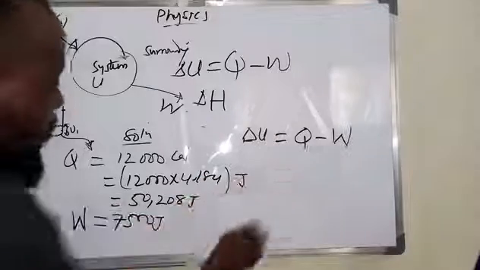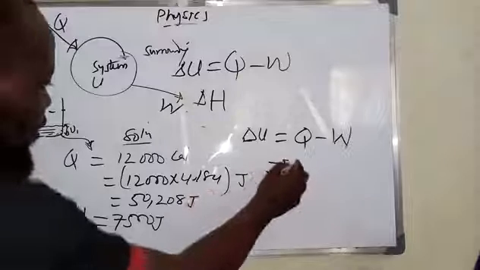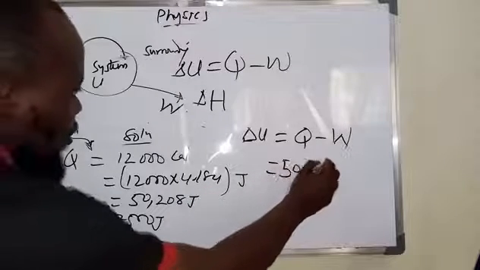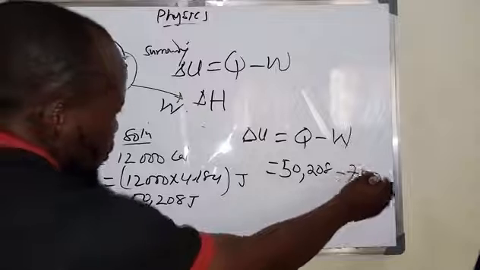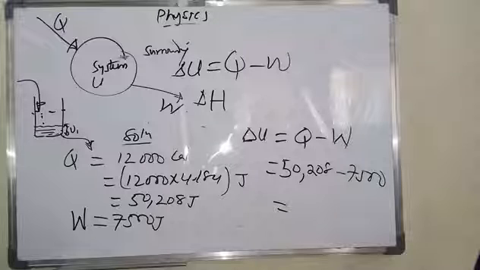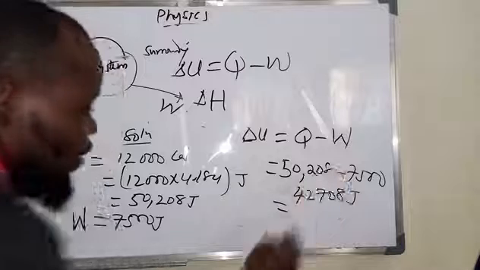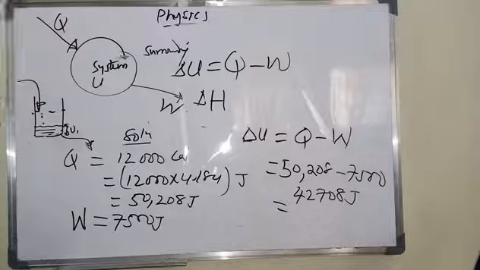So if we go by this formula, then we directly substitute 50,208 minus 7500. That gives 42708 joule. Because it's a larger value, you can convert to kilojoule by dividing by 1000.